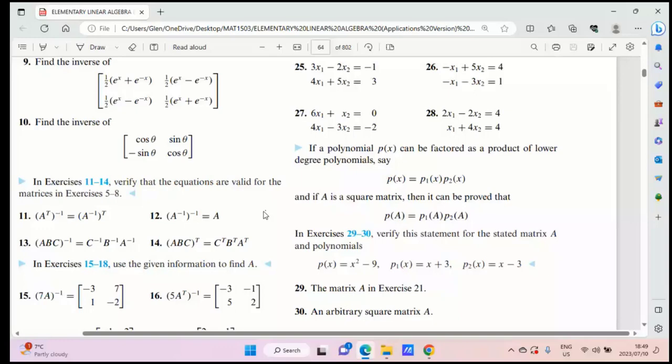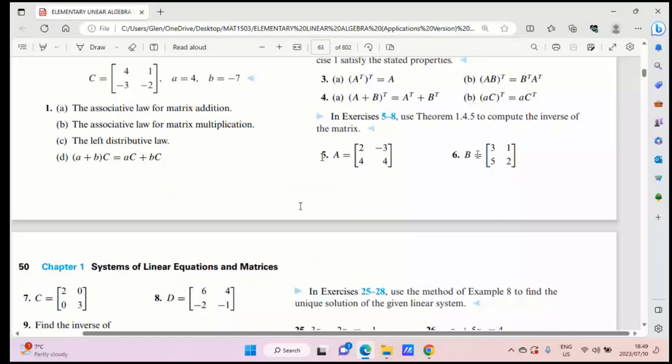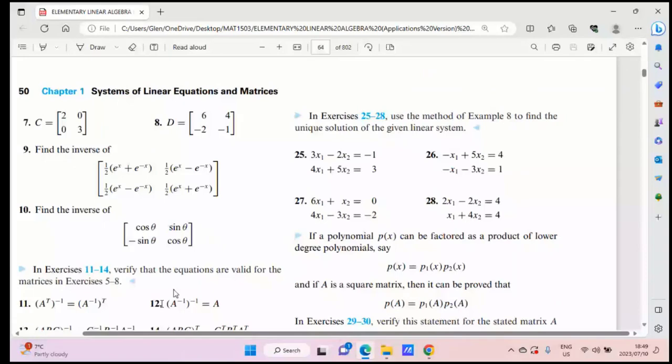That is 5, 6, 7, and 8. Now, here in number 12, they are saying to us, in exercises 11 to 14, verify that the equations are valid for the matrices in exercises 5 to 8.